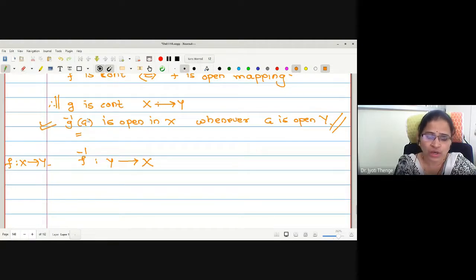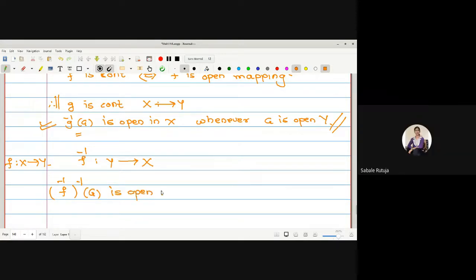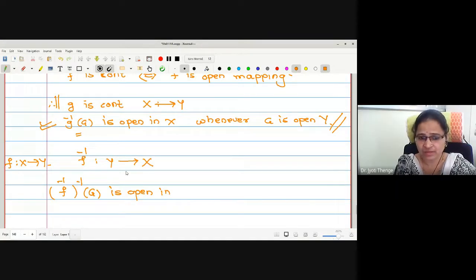I will replace G by F inverse, and we have to interchange the positions of X and Y. Therefore, may I say the inverse image of capital G under F inverse is open in X. No, it's in Y; domain and codomain I have changed. Open in Y whenever.